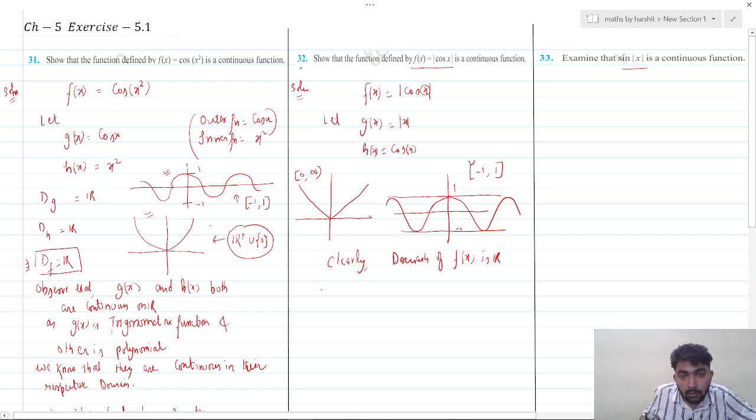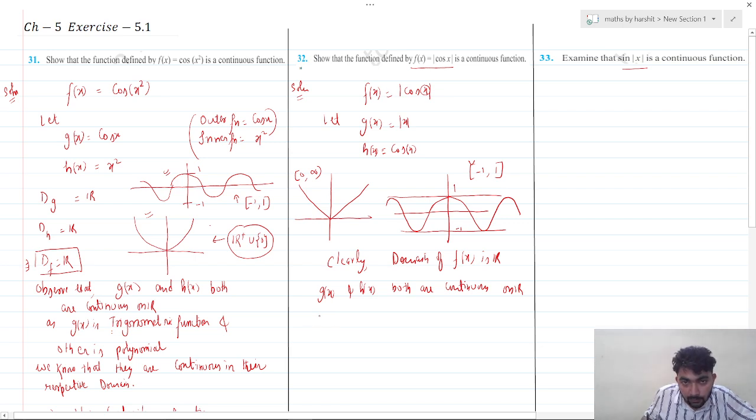Now we can observe that g of x and h of x both are continuous on R, because one is a mod of x function, and the other one is a cos of x function.